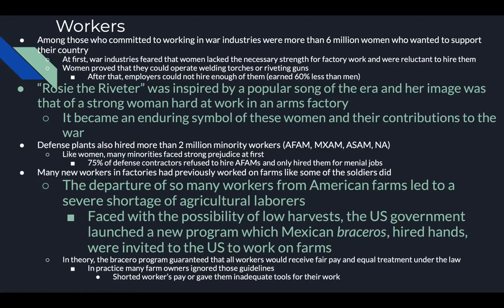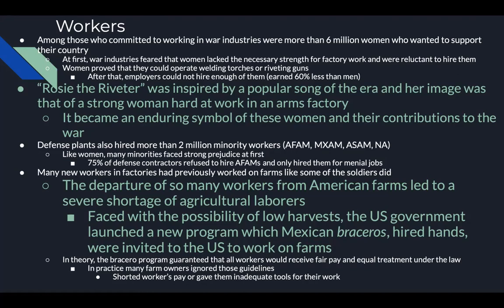Many workers in new factories had also previously worked on farms, and some of the soldiers did too. The departure of so many workers from American farms led to a severe shortage in agricultural laborers. Despite the possibility of low harvest, the U.S. government launched a new program, which was called the Bracero program, or hired hands. They were invited to the U.S. to work on farms.